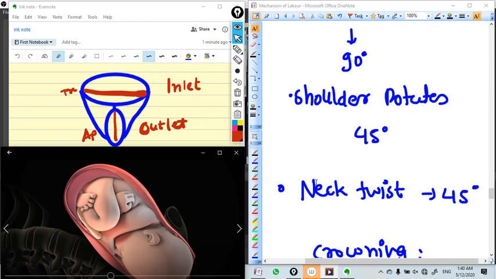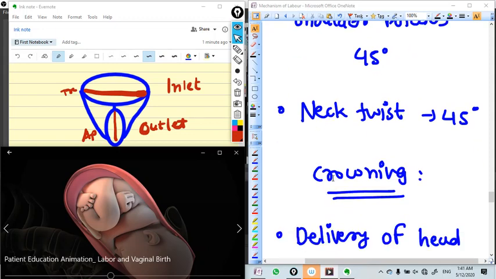Now, whenever the fetal head rotates 90 degrees, the shoulders also try to rotate 90 degrees, but they cannot rotate at that time. So they can only rotate 45 degrees towards the head rotation.